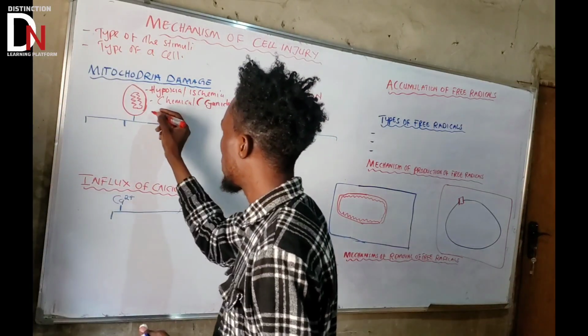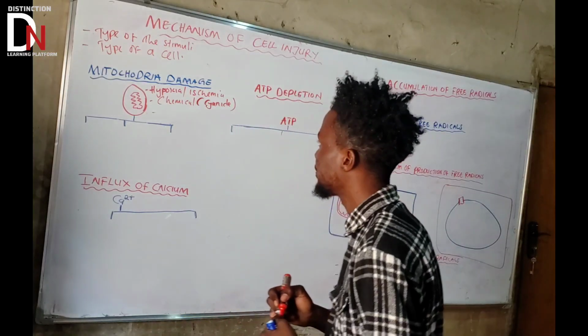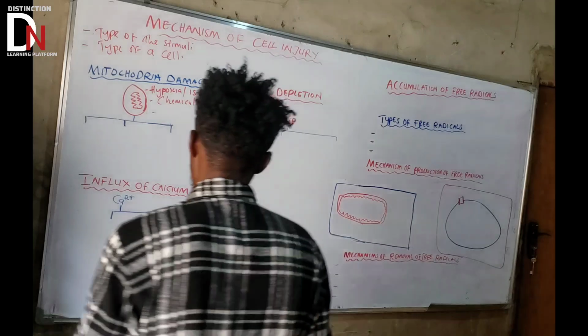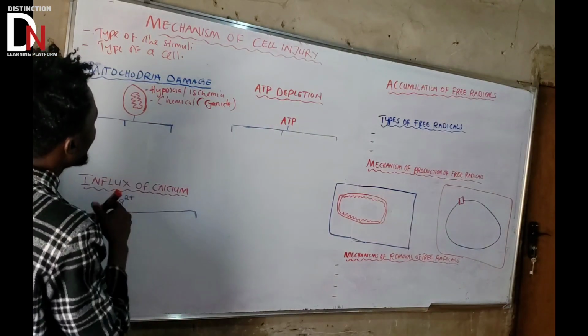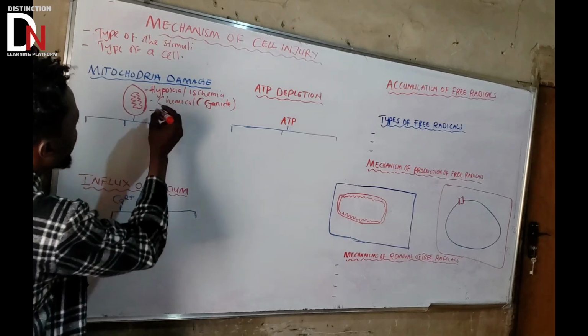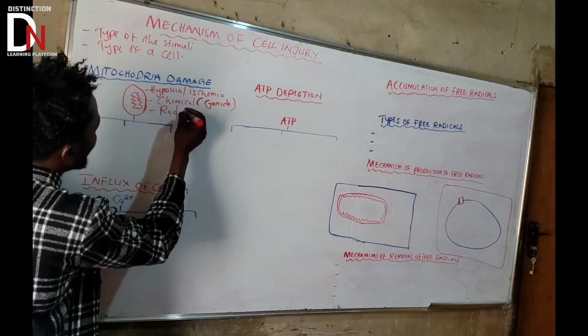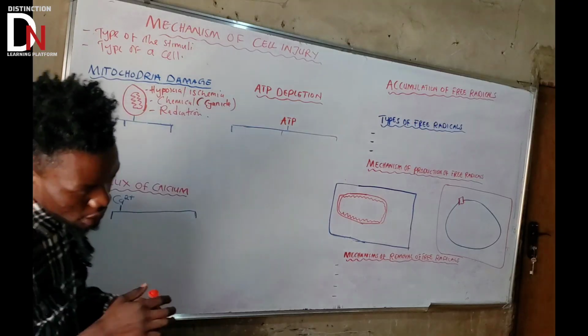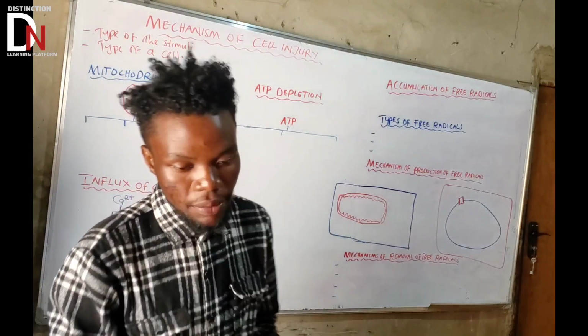What else? The last one. Let's talk about the last one. Remember that if you look at various things like radiation, radiation is something that can damage the mitochondria.